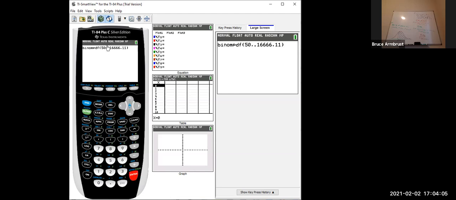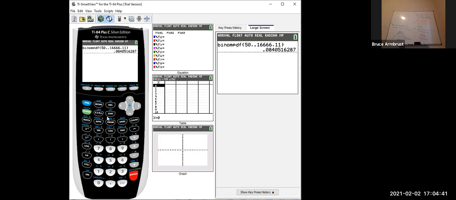So you'll notice the command is Binomial Pdf, 50 trials, probability of success. I want to know how likely am I to get 11. I hit enter, and there you go, 0.08405. So there's an 8% chance I get exactly 11 ones. It's actually kind of nice. It walks you through what you need to do with these different guys.